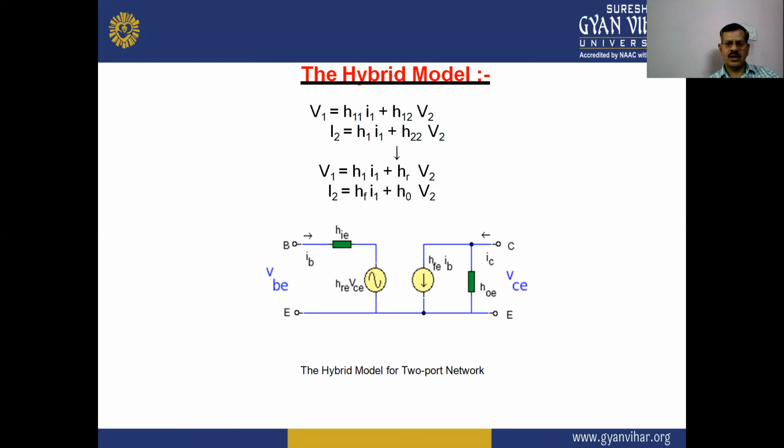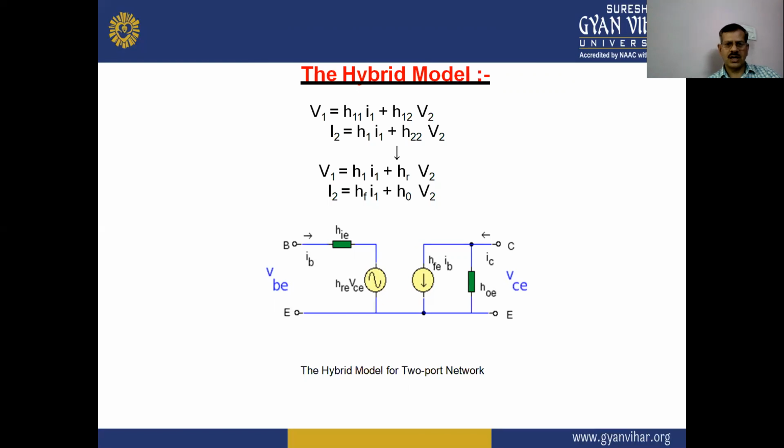Here is the hybrid model for the two-port network. So the equations for this hybrid model for the two-port network: V1 equal to H11 I1 plus H12 V2, and also I2 current equal to H21 I1 plus H22 into V2, and also we can write these equations as V1 equal to HI I1 plus HR V2, and also I2 equal to HF I1 plus HO V2.